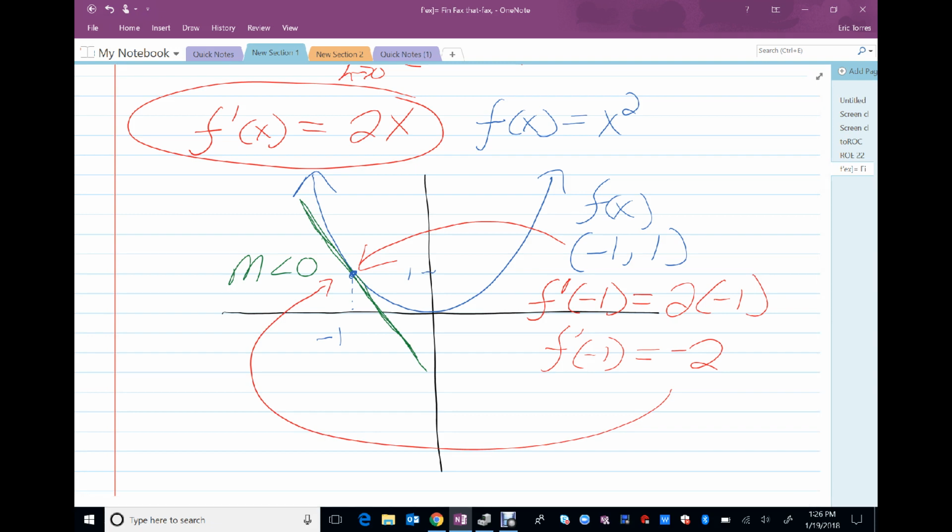That is my instantaneous rate of change of this tangent line at that point, negative 1, 1. And I was able to find it by a formula. Every single point now, I could find the instantaneous rate of change. I can find how fast the function is going up or down without having to recalculate the limit for each point, but just by having it one time.